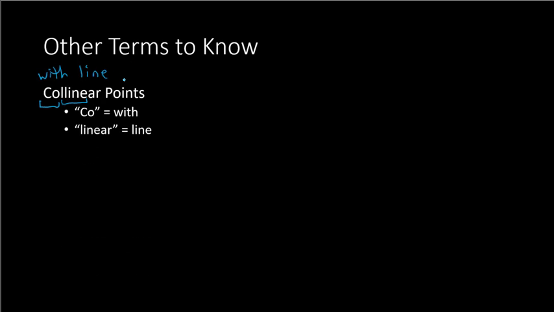Now some other terms to know. One is collinear points. So the prefix co means with. And then linear, we see the word line. So this literally means with the same line. So that's what collinear points are: points that are with or on the same line.